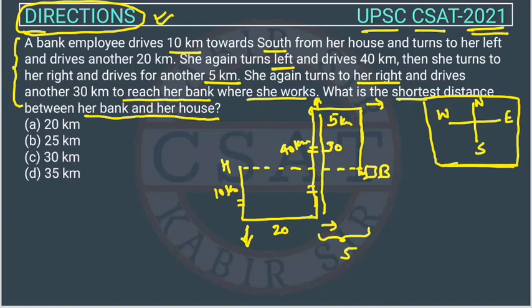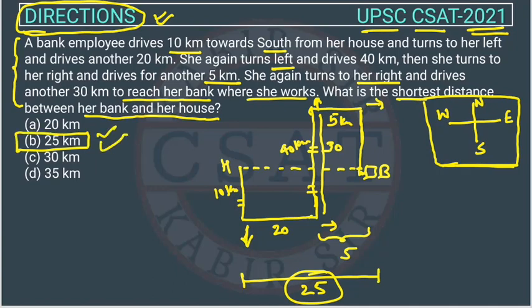So from here till here, the distance will be 20 plus 5, 25. So the shortest distance will be equal to 25 kilometers. So the answer is option B. This was an easy question; you just have to draw this figure and you will get the answer.